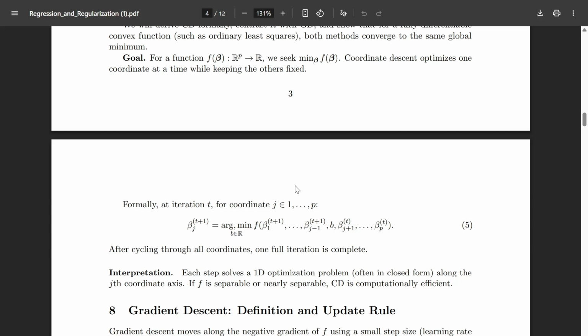What do you do while trying to find the minima of a function? You differentiate it and you set it to 0. Then you find the x at which the gradient is 0. Then you immediately find a closed form solution. But that is not possible for all kinds of functions, and that is the reason why we do gradient descent.